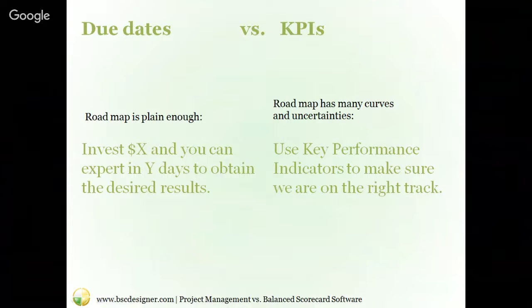And that's a problem. That's actually the reason why in most strategy execution software, you won't find due dates similar to what you have in project management software. But there are other ways to achieve more or less the same accountability. The accountability is still there, but it's done in a slightly different way.